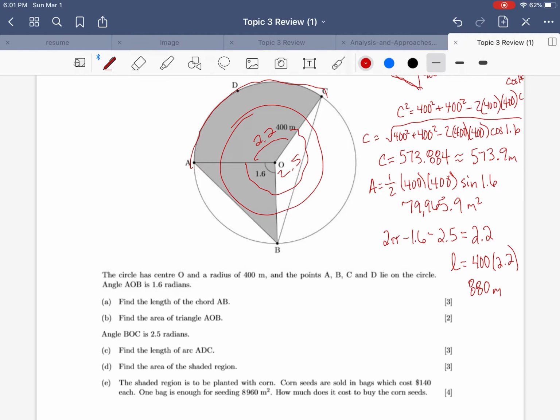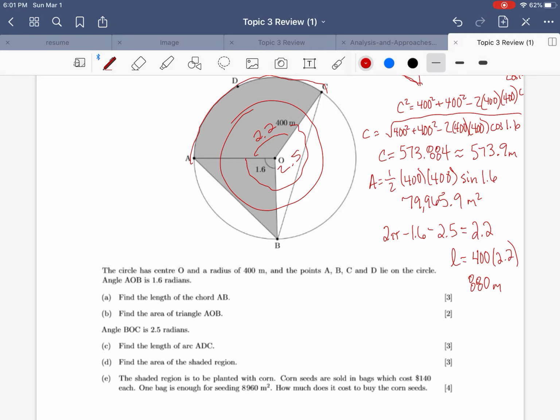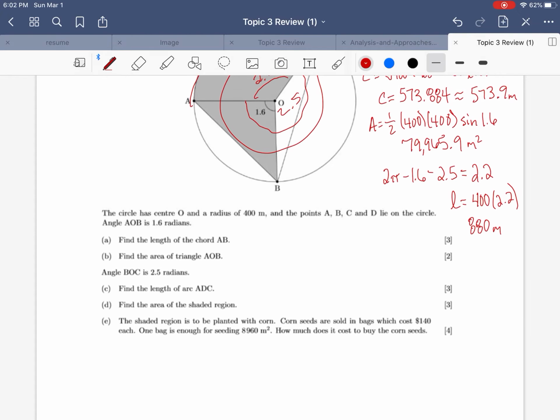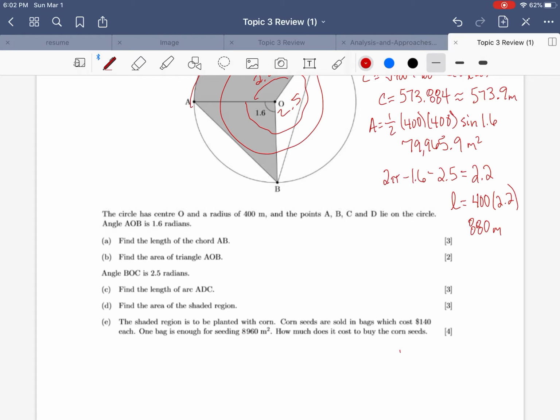So that would be the area of the first sector plus the area of the triangle, which we already found to be 79,965.9. So let's find the area of that sector. Remember, the area of a sector is 1/2 times the radius squared times theta.